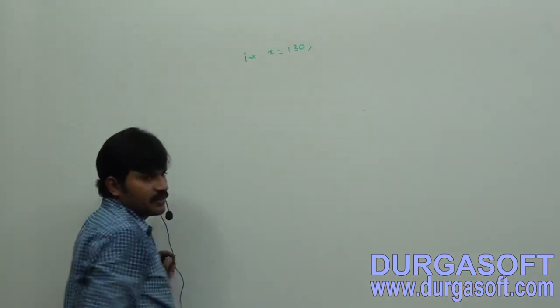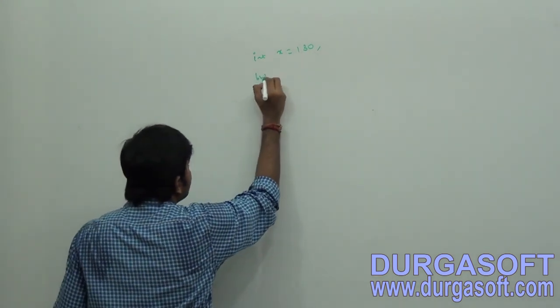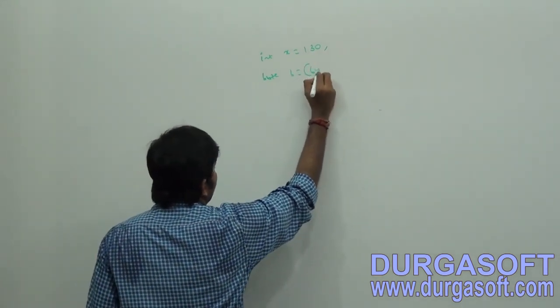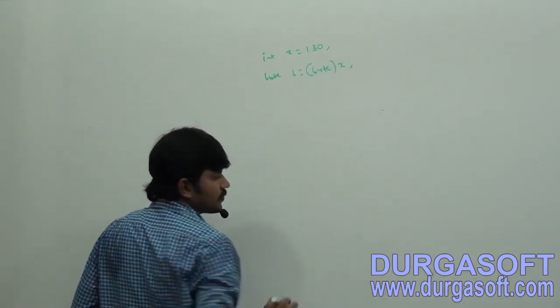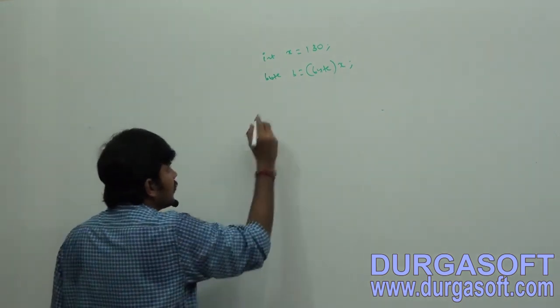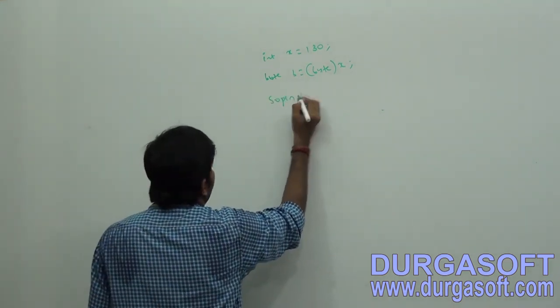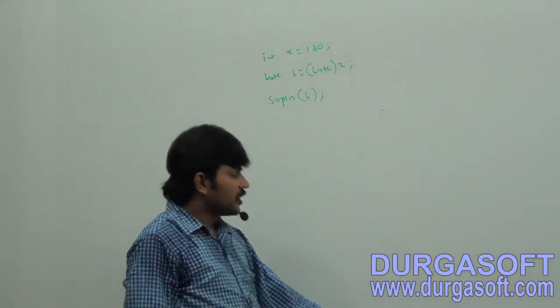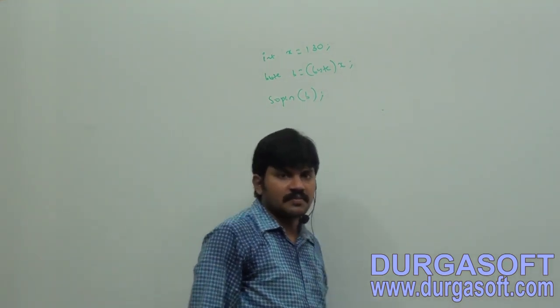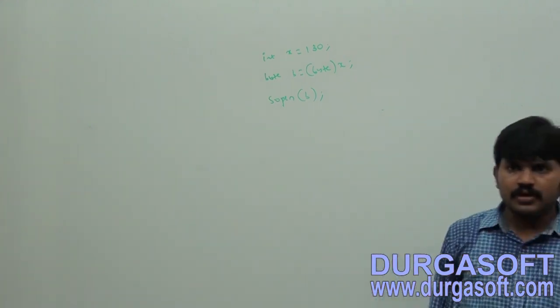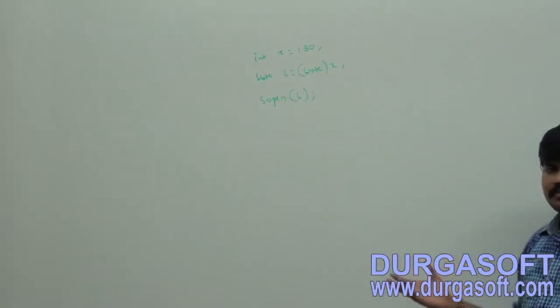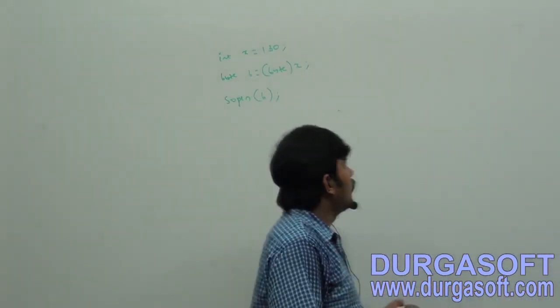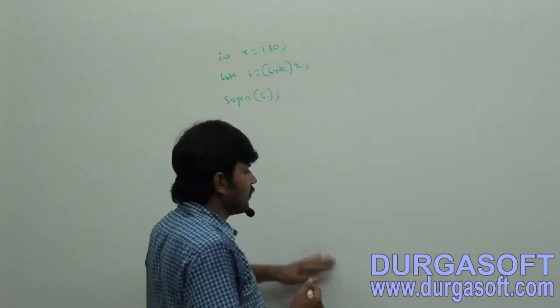I am taking 130. Byte b is equal to byte of x. SOP of b. Like this I am taking, right? Sir, in explicit typecasting, what is happening internally? We should be aware. Now observe this point well.